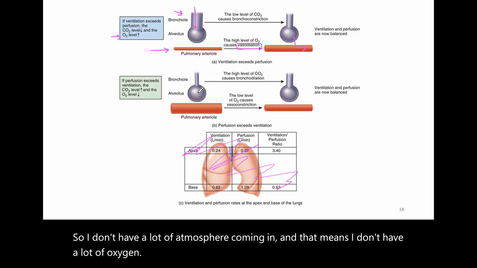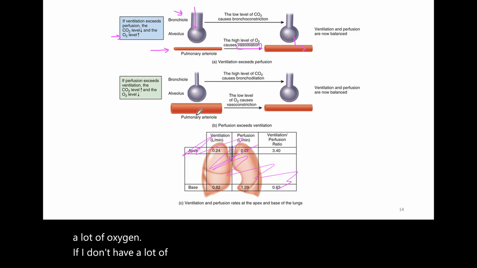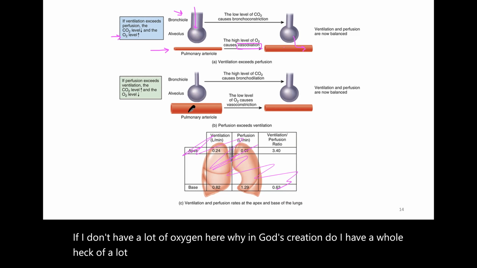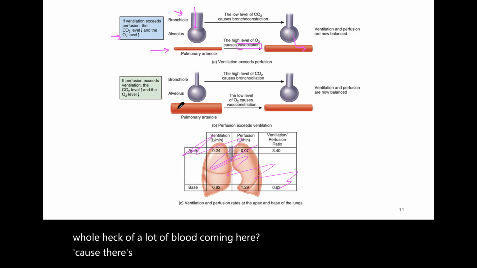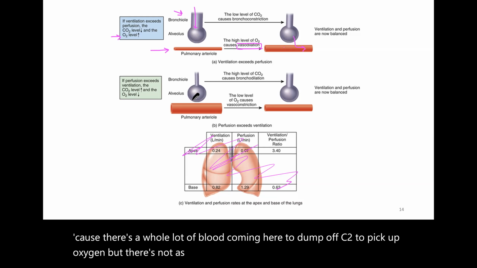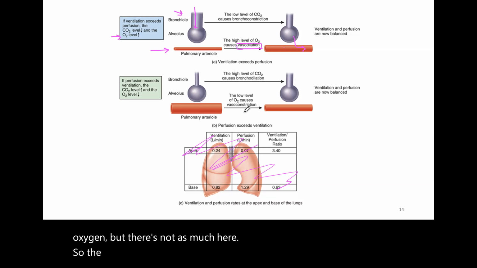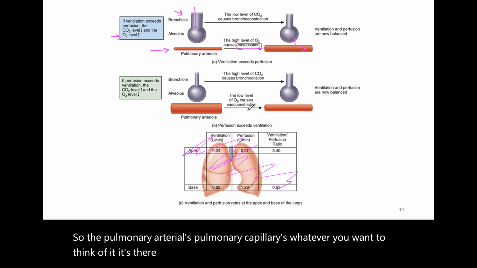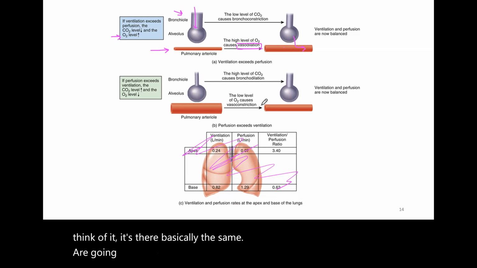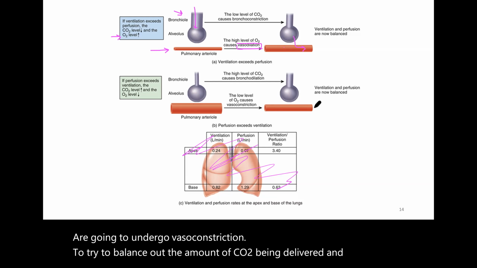If I don't have a lot of oxygen here, why in God's creation do I have a whole heck of a lot of blood coming here? Because there's a whole lot of blood coming here to dump off CO2 to pick up oxygen, but there's not as much here. So the pulmonary arterioles, pulmonary capillaries, whatever you want to think of it, they're basically the same, are going to undergo vasoconstriction to try to balance out the amount of CO2 being delivered and the amount of oxygen I can ultimately pick up.